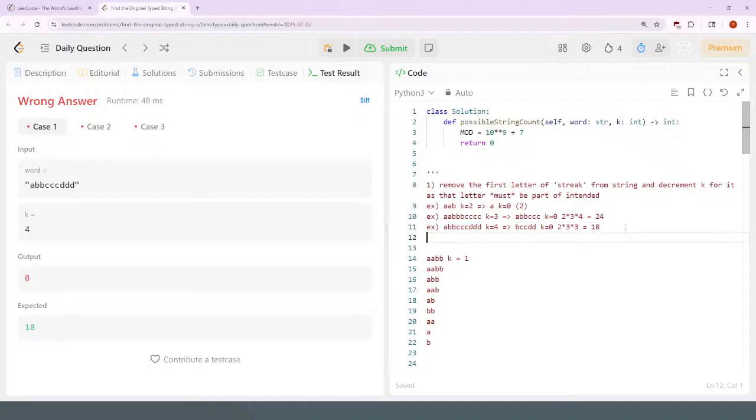Okay, so something more complicated would be, let's say I have A, B, B, C, C, C, D, D, D, and let's say k equals 6. So in this instance, there's 9 total letters, and given that there's 4 required letters, the first of each of the streaks, then I can reduce it to be B, C, C, D, D, k equals 2.